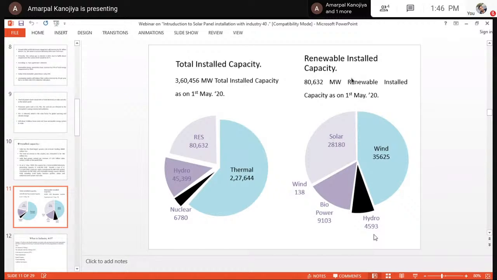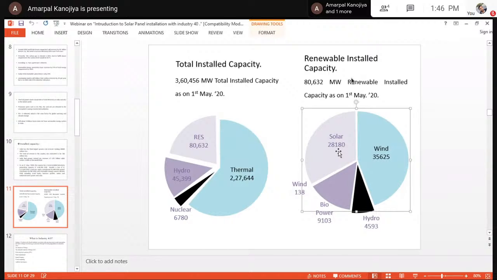From hydro, 4,500, and from small hydro, 1,3,800 megawatt. Now see here, on 1st May 2020, the generation from solar is lower than the generation from wind, because solar generation is costlier as compared to wind generation.